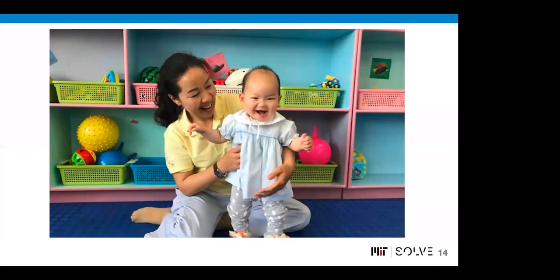So next slide, please. I just included a few pictures from our programs. One Sky trains women in best practices of early childhood education. Our programs spread all over China and are now implemented in close partnership with the government.